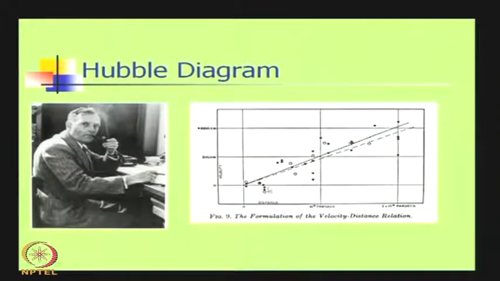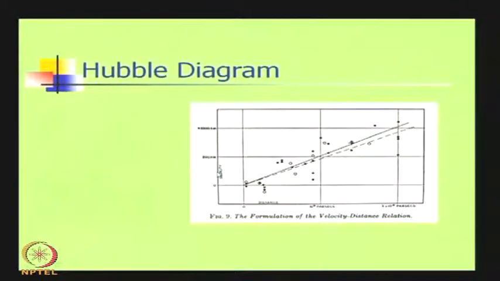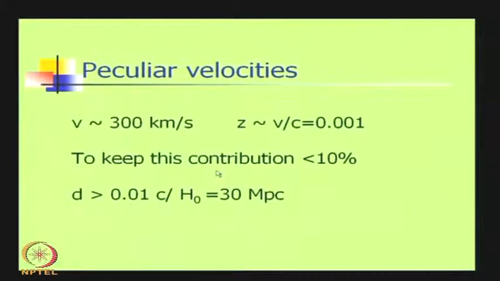So, he had only a few galaxies located very close to us, and the slope that he got was far too high. He got a slope of around 400, which brings down the entire distance scale of the universe. So, let us now take a closer look at the subsequent developments since Hubble.